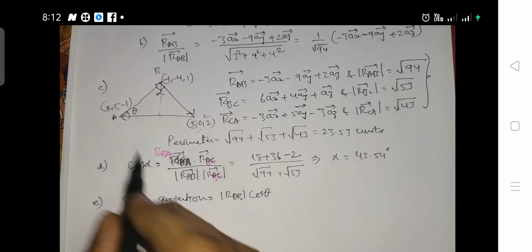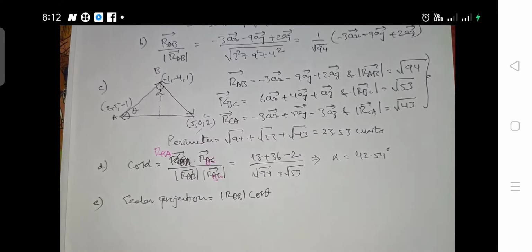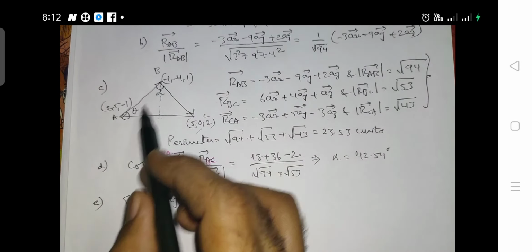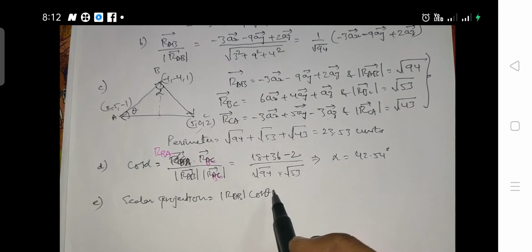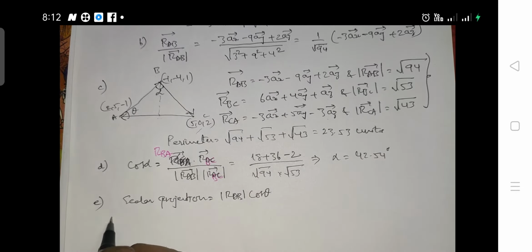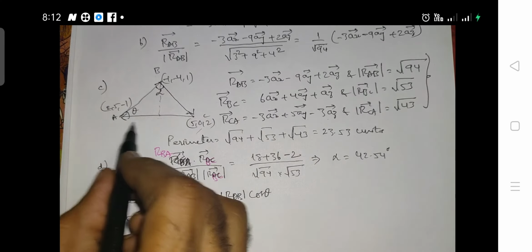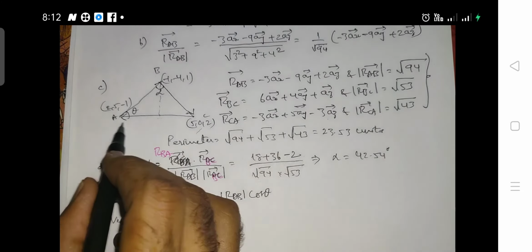So this gives us the length component of AB bar along this axis, and in order to find out the vector projection, this scalar projection is multiplied by the unit vector along this axis, along AC.